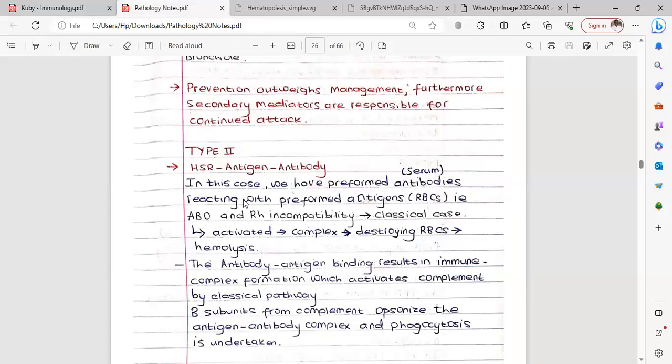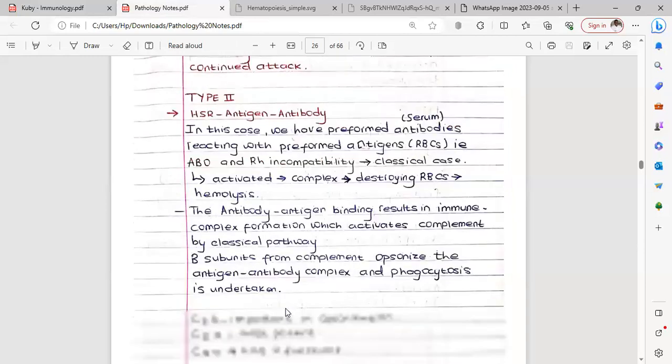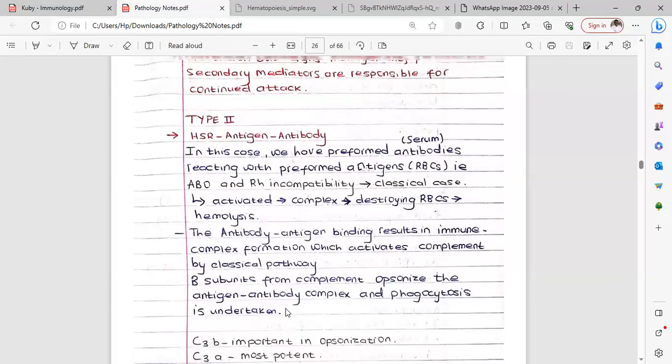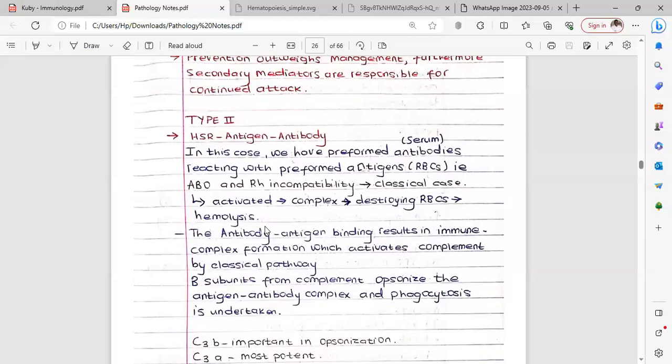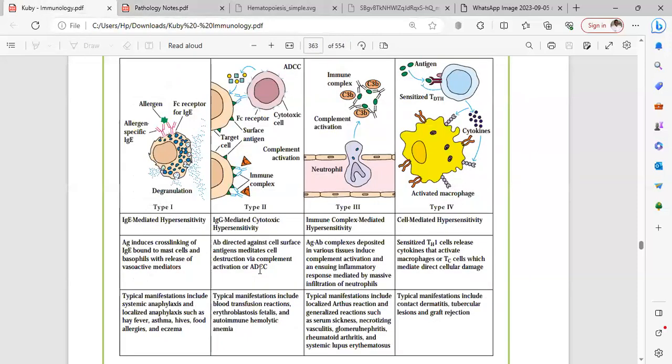So we have the antibody reacting with the antigen to form a complex. The complex that is formed will activate the complement system by the classical pathway. As a result of this complex, it destroys the RBC, which leads to hemolysis. So for type 2, majorly it's the ABO blood group.